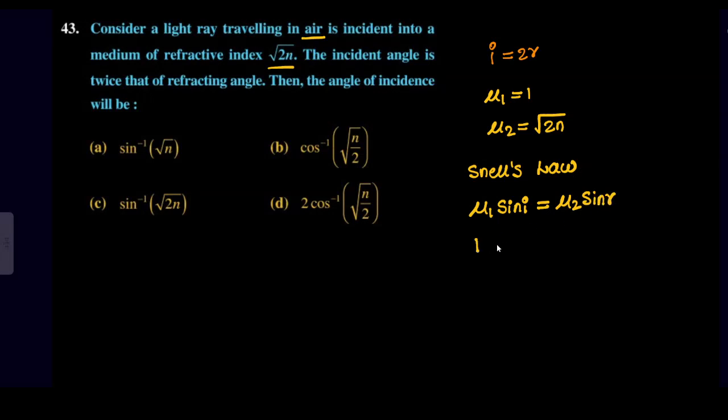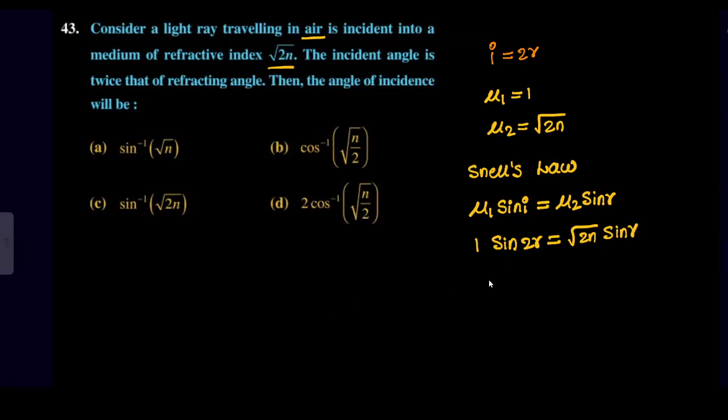Mu1 is 1, so sine i, which is sine 2r, is equal to root 2n into sine r.